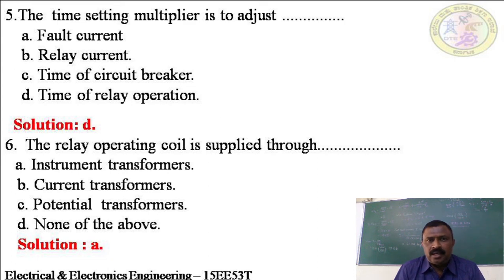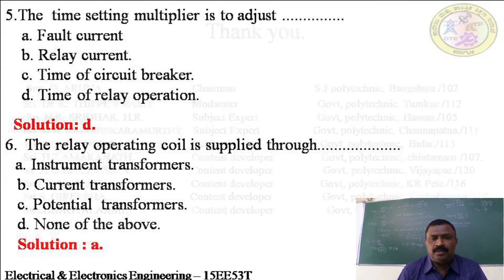In general the relay operating coil is always supplied through an instrumentation transformer, sometimes including both current and potential transformer. So the general name given for this is the instrumentation transformer. Hence the solution for this is A. The relay operating coil is supplied through the instrumentation transformer.